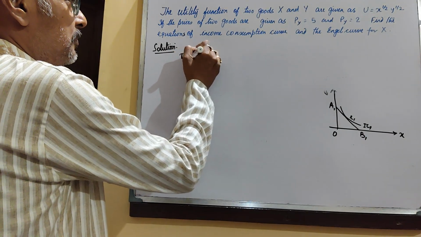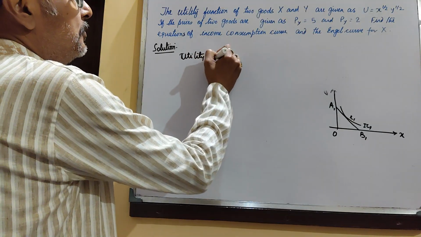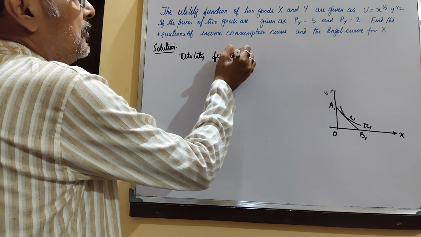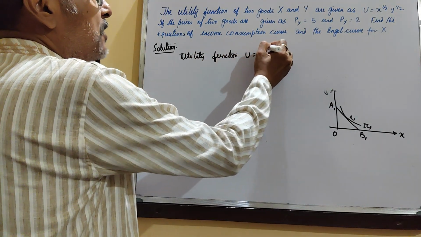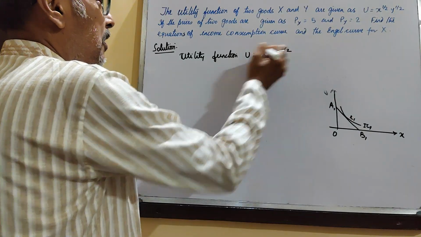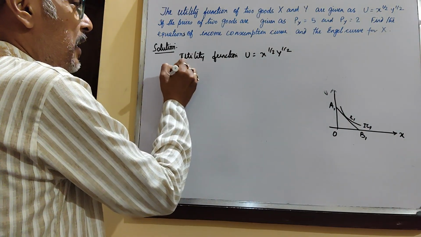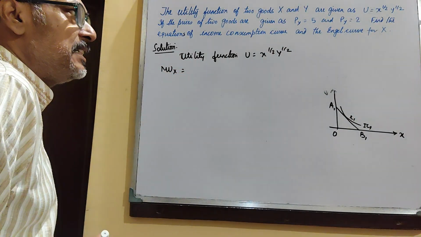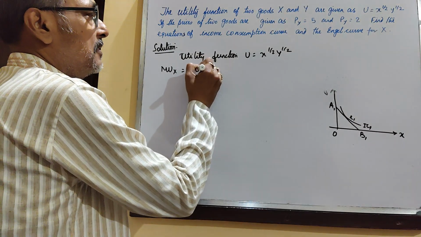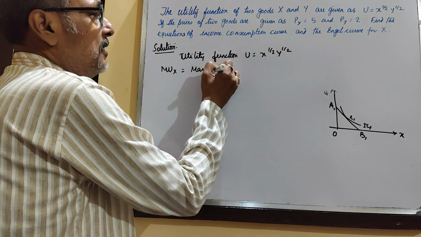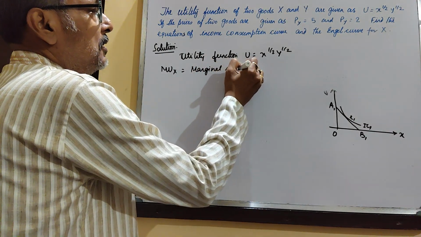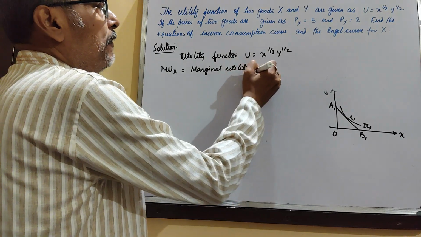Utility function u equals x to the power half, y to the power half. Mu x, this is the marginal utility of x.